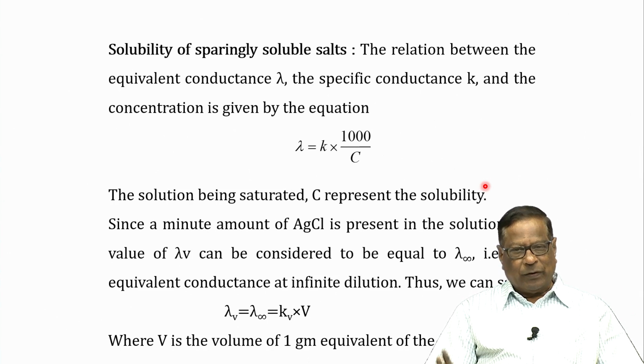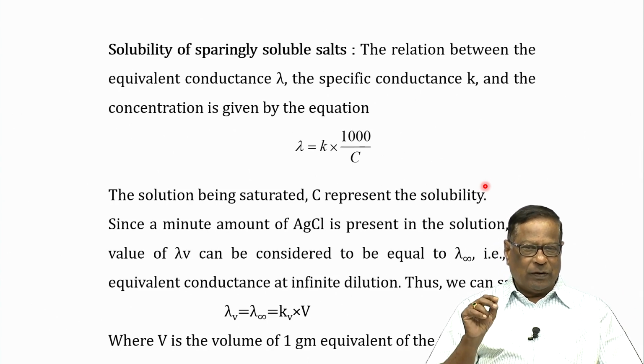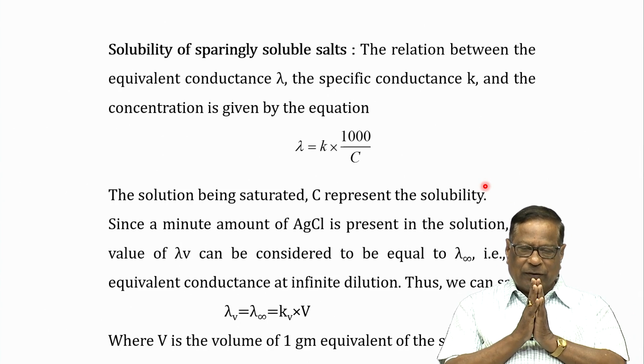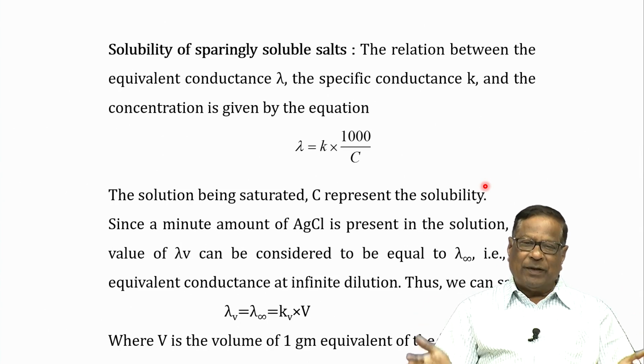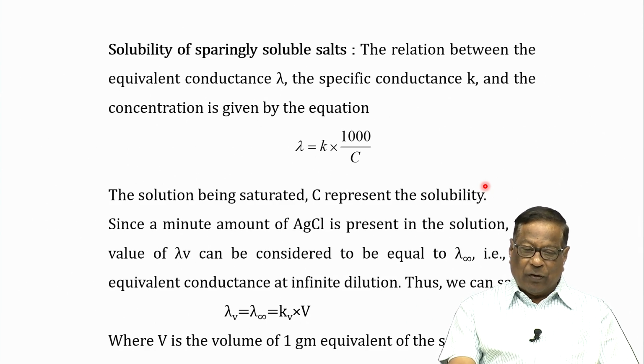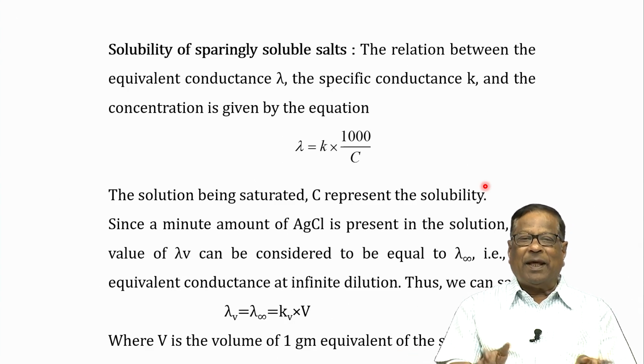Whatever is the soluble part of the salt ionizes to give you cations and anions. So, the solubility of a sparingly soluble salt, if you know the cation and anion, can be measured directly.